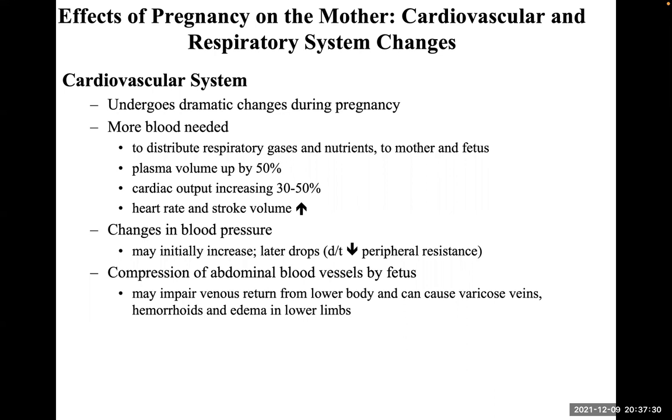That's why you see that when somebody is pregnant, usually in the beginning of pregnancy, blood pressures drop because you get this vasodilation. And then for some women, especially in the third trimester, that increase in blood volume can result in a pregnancy-associated type of hypertension, which at the very extreme end can cause what's called eclampsia.